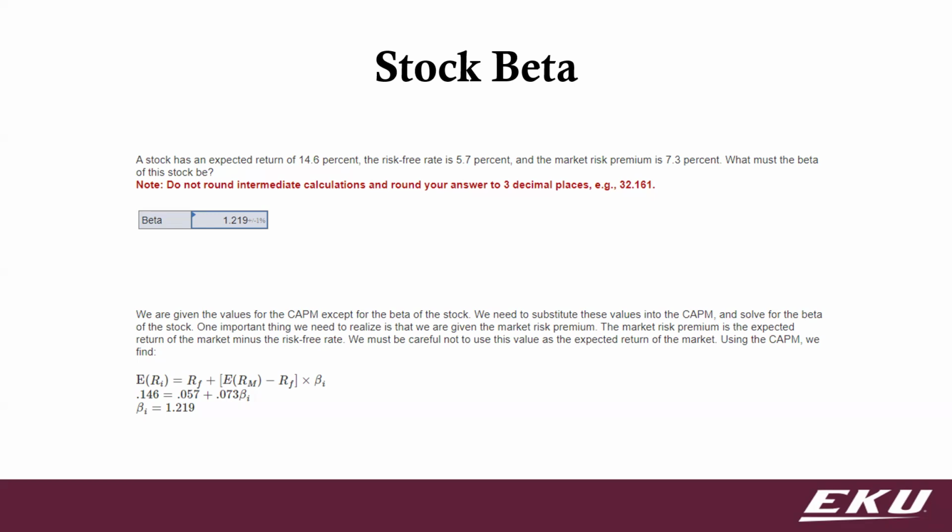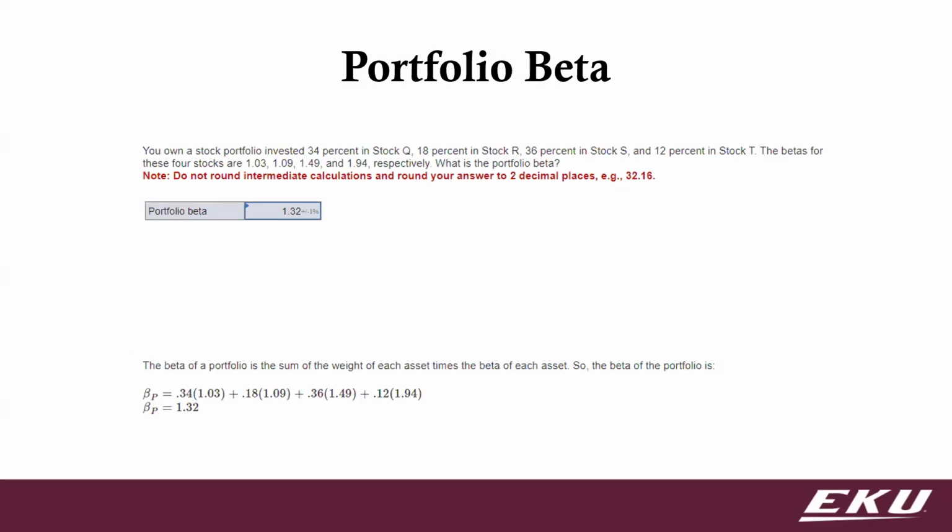And this same calculation that we do for a stock, we can also do for portfolios, right? So they tell you, hey, I got this portfolio. I've got these various stocks that are in it. These stocks have their own betas, right? So what is the portfolio beta? So what we're going to do is just weight it based on the ownership of stock.